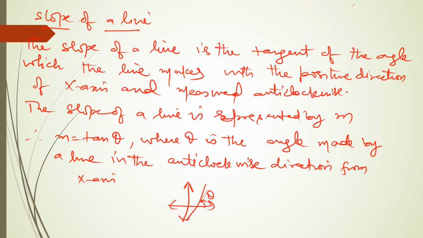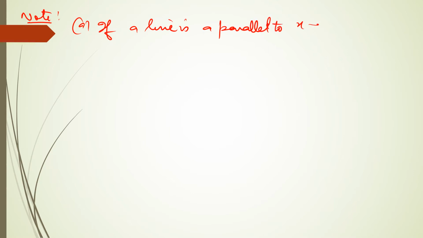Now let us come to some new concepts. Here we need to understand some new things. If a line is parallel to the x-axis, in that case theta is equal to 0.